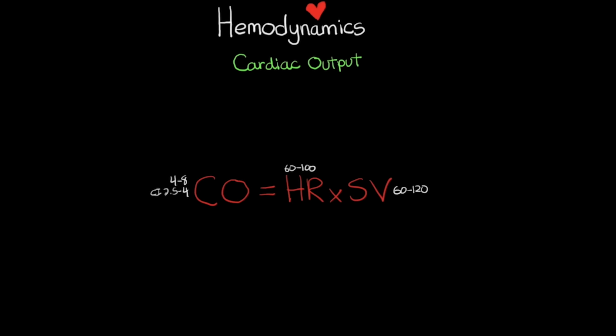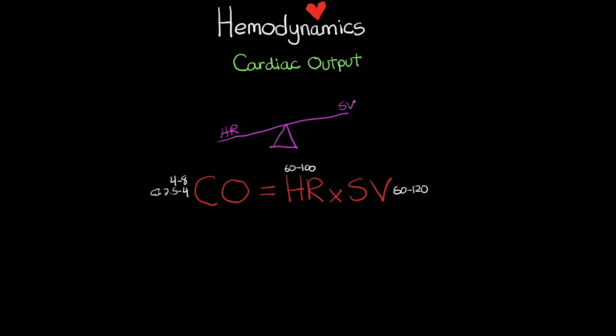Now, one really important thing to know about our heart rate and our stroke volume in this equation is that they work together almost in a seesaw-like manner. So let's say we have our heart rate over here and our stroke volume over here. Our heart rate is going to compensate for changes in our stroke volume.